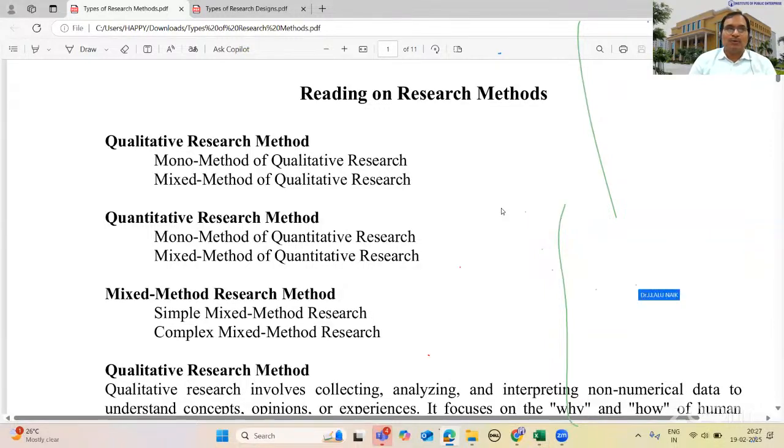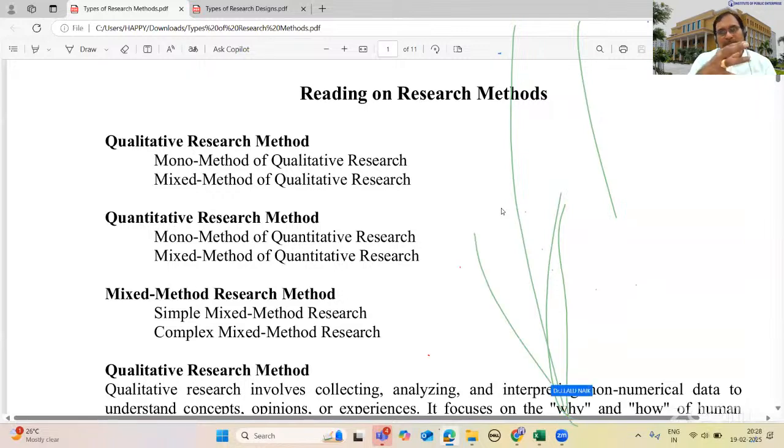In the sense, before starting any research, what we do is first go with a qualitative study, let us say focus group discussions, from where you get insights on a problem or phenomenon, or what is happening.